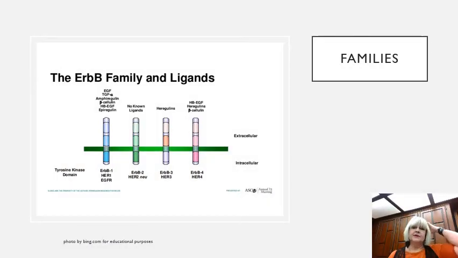So the families. We have the epidermal growth factor receptor family. The ERB that we talked about earlier, protein family or epidermal growth factor family, is a family of 4 structurally related receptor tyrosine kinases.